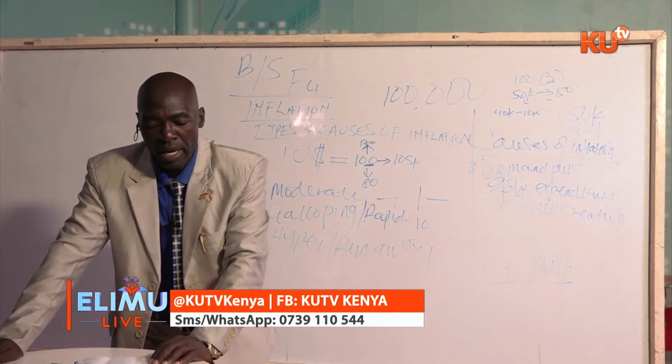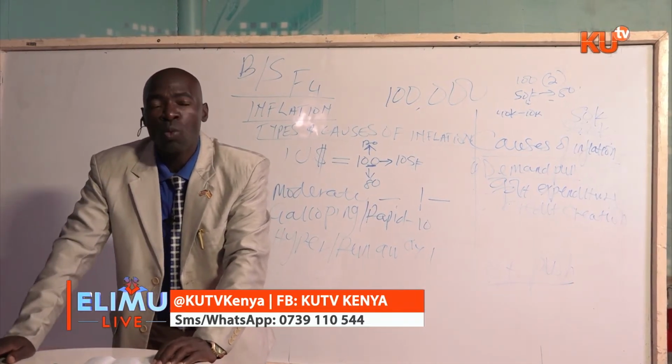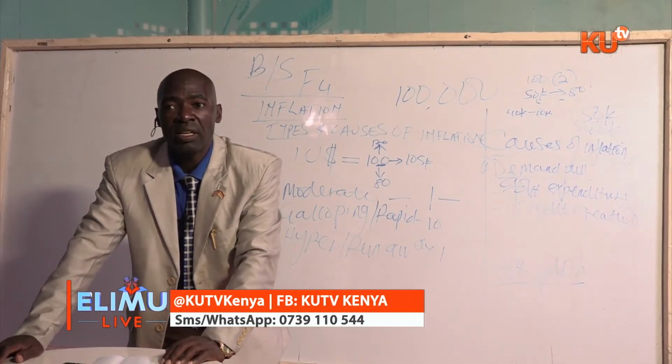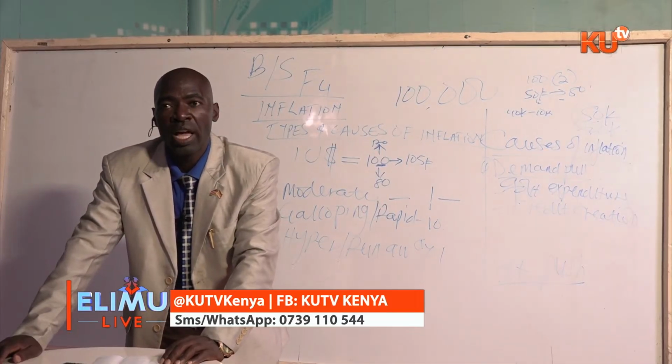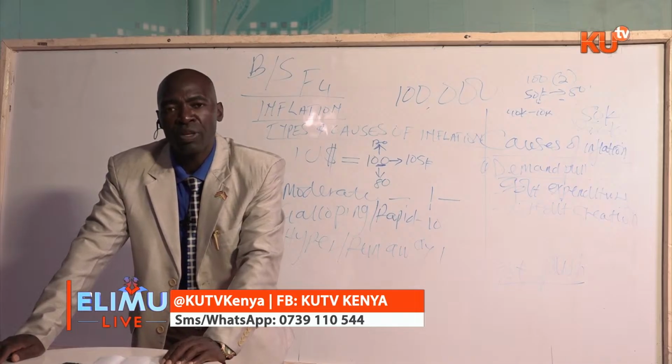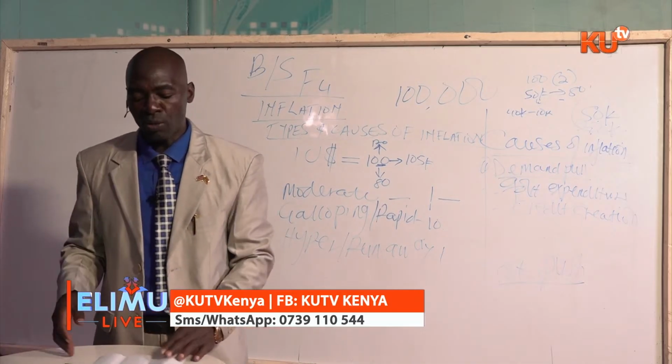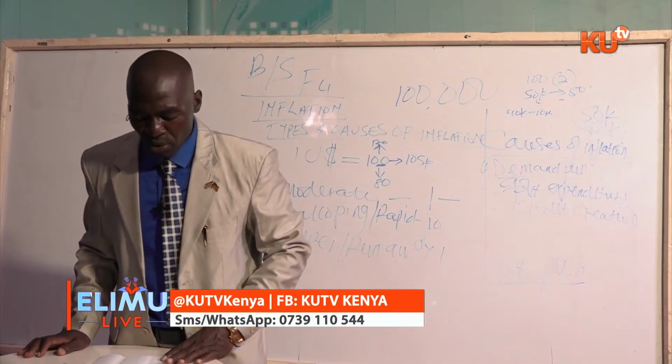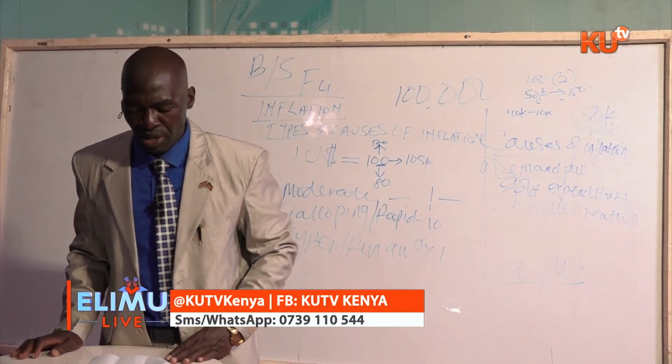We have said, 1, increase in government expenditure, whereby when the government decides to spend on goods and services for the common mwananchi, it's a clear indicator that money will be highly supplied in the economy, and once money is highly supplied in the economy, the prices of goods and services will rise. Once it rises, that money loses value. Then we have looked at increase in incomes.